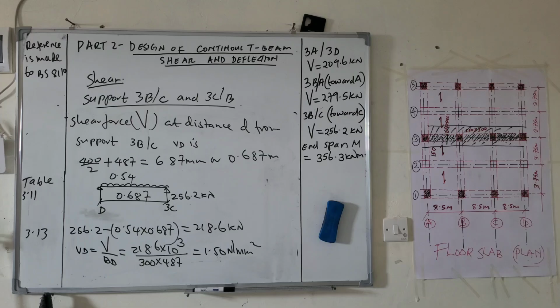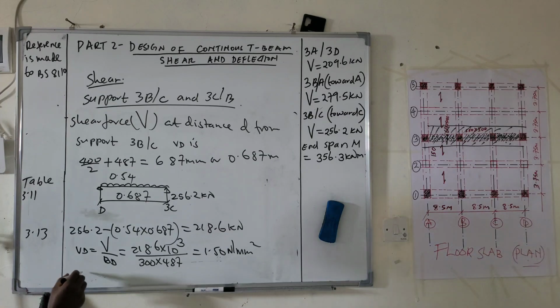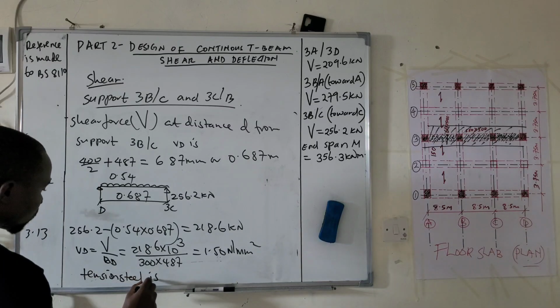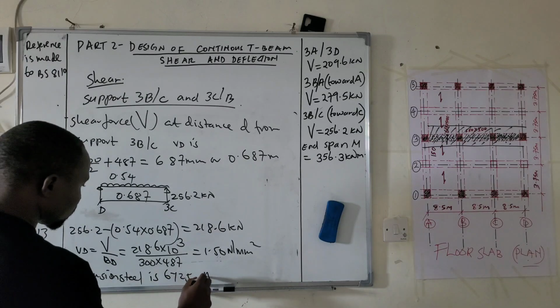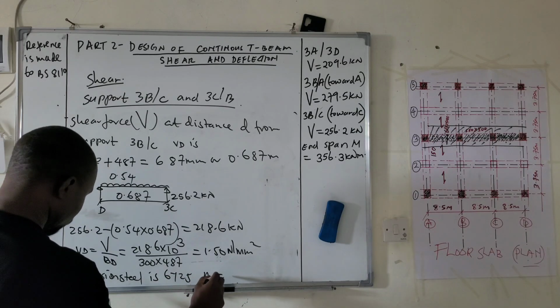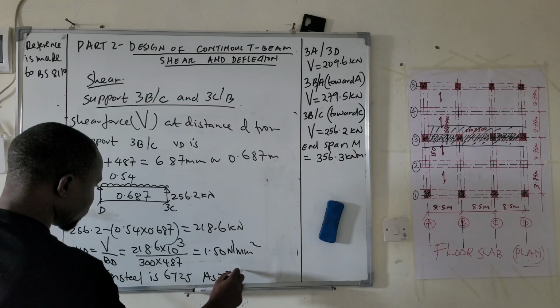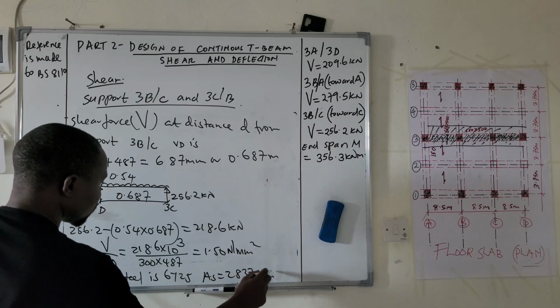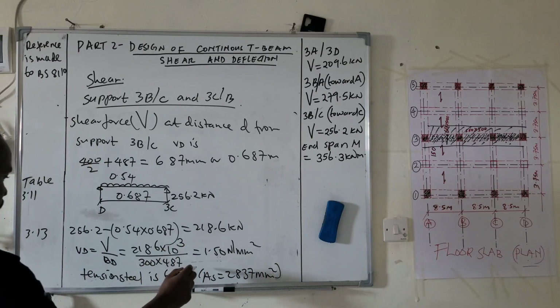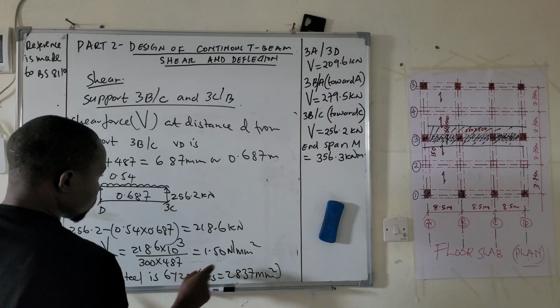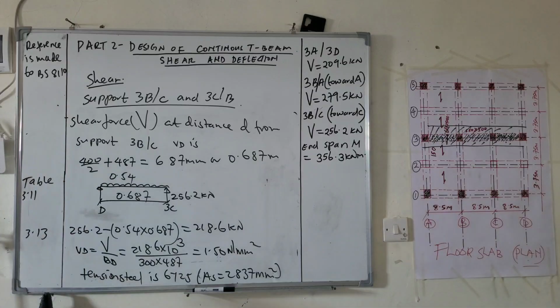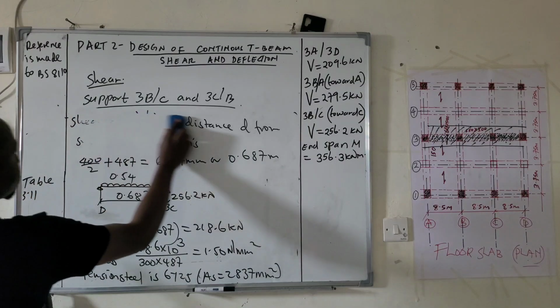So the tension steel is still 6Y25. The area of steel is equal to 2837 millimeter square. Like that. So let's proceed.